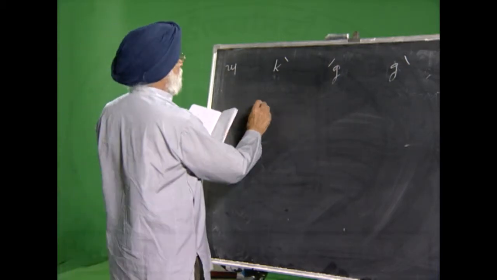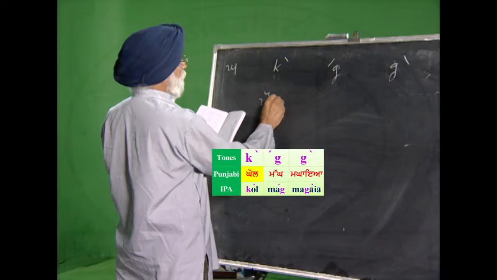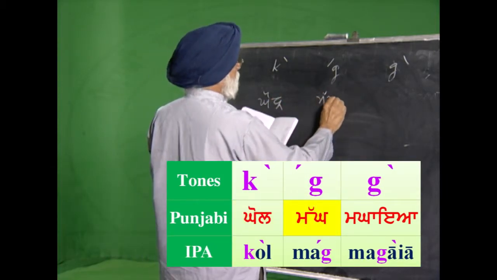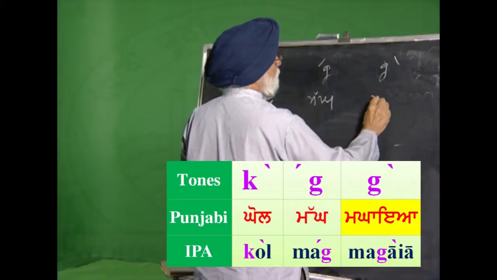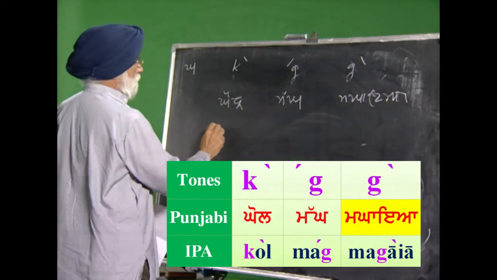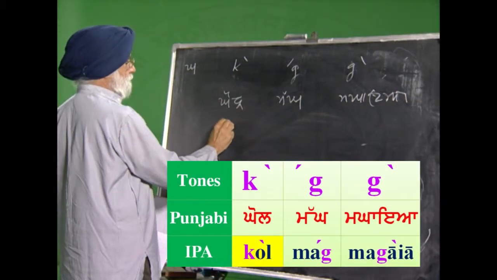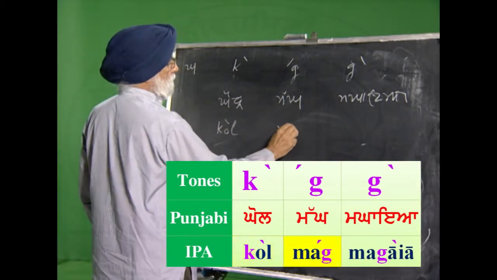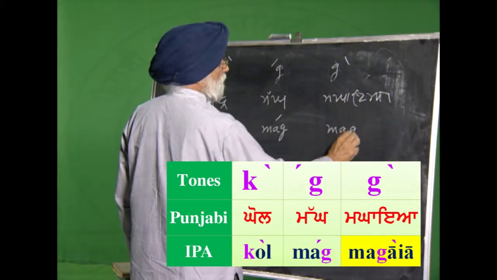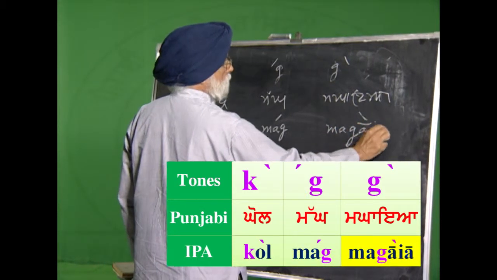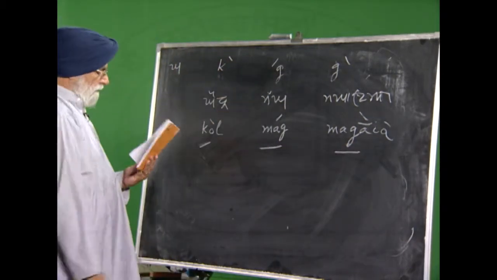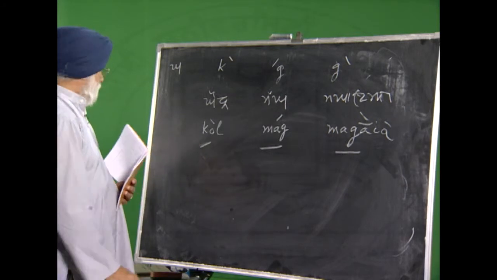You have then a couple more examples. Kol, Mag and Magaya. You see, Kol, Mag and Magaya. You have the same situation in this.